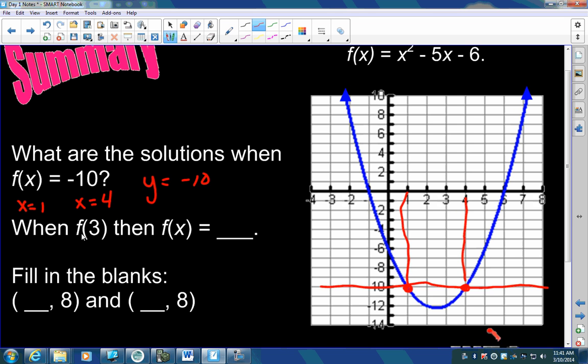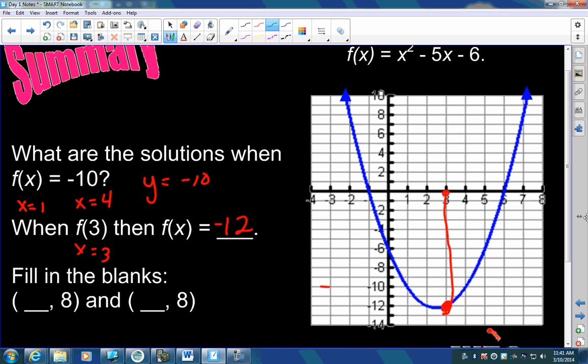Now, when it says f of 3, this is saying when x equals 3. Let me erase these other lines. When x equals 3, I come over here and go down. It's this point right here. So my y number is 12. I'm sorry, negative 12.